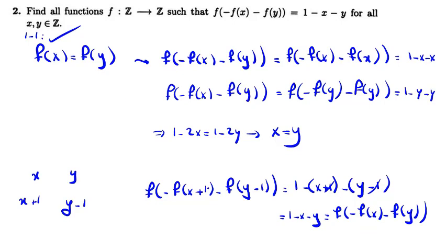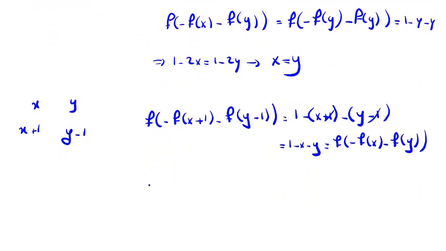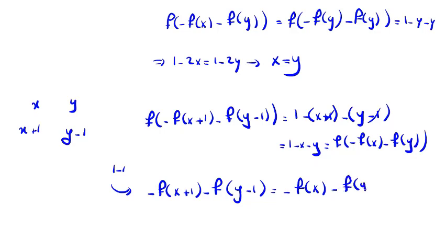Because f is a one-to-one function, if f of something equals f of something, you can get rid of the outside f. So we can say negative f of x plus 1 minus f of y minus 1 equals negative f of x minus f of y.